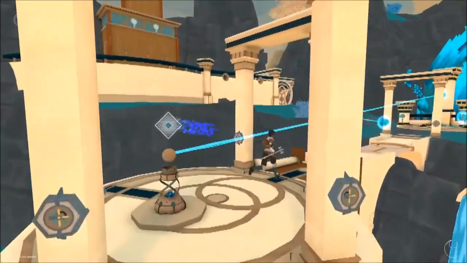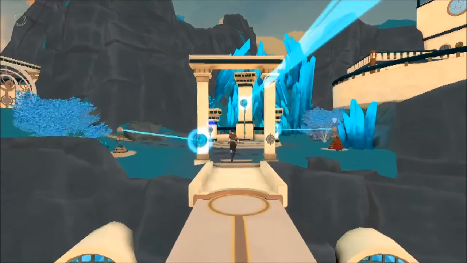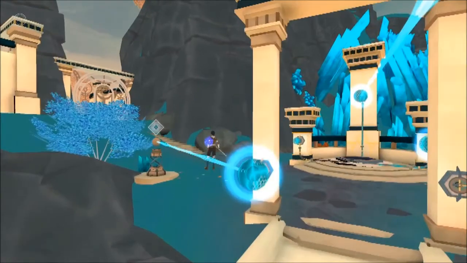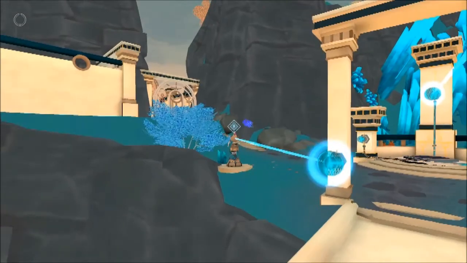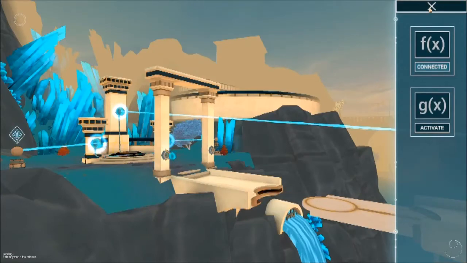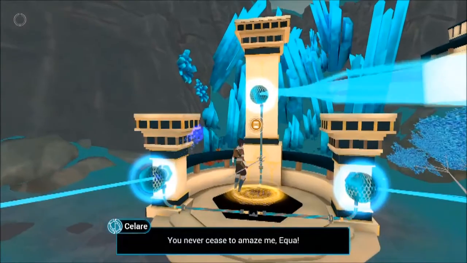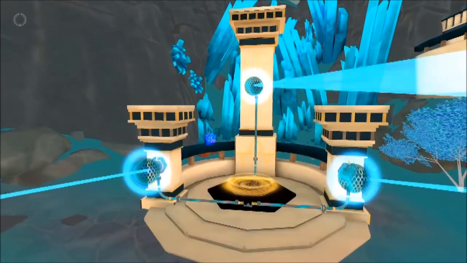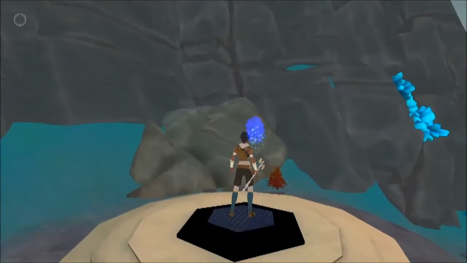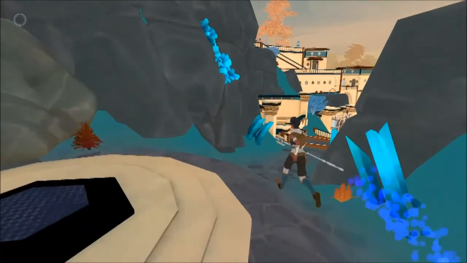Now we can get back over that bridge and we can switch the limiter, and then that transmat pad will have everything we need. There we go. So the bridge goes away, but we don't need it at this point. There we go.